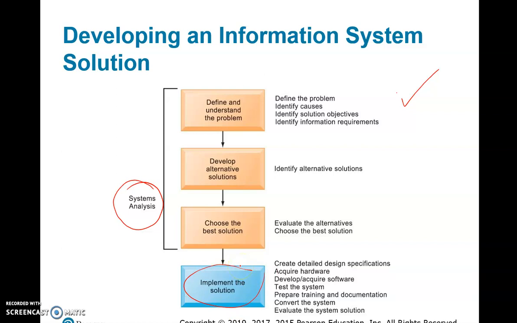In the implementation, the IT professionals create detailed design specifications. They buy hardware, they develop or acquire software. Once everything is in place, once the solution is developed, then they will test the system.